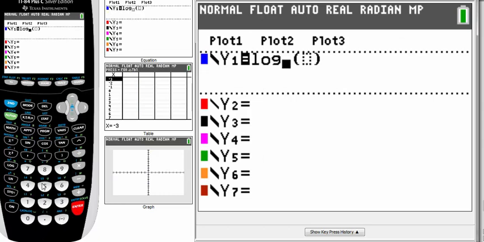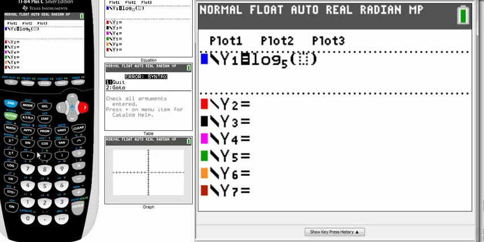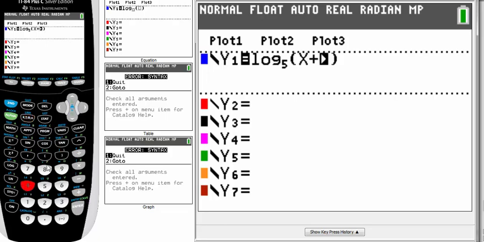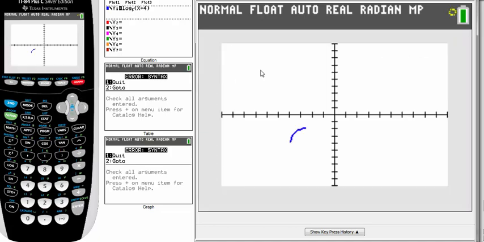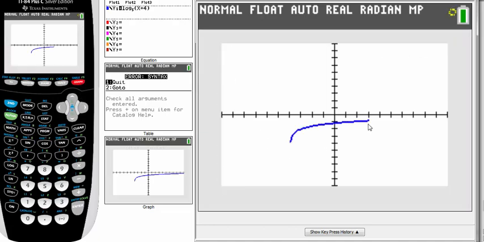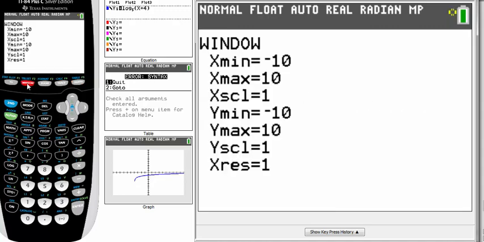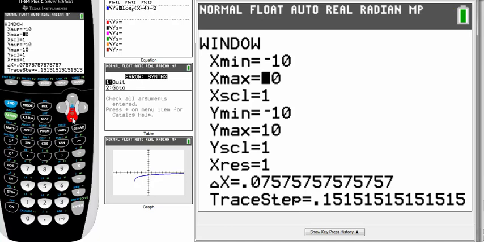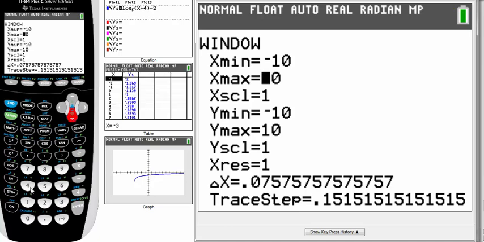So this is log base 5 of x plus 4. Now outside of the argument, I would subtract 2. And we're trying to find our graph. Now, it looks like it's crossing way out here, so I think I'm going to have to change my window. Let's go up to positive, let's say 40, just to make sure we get it covered.